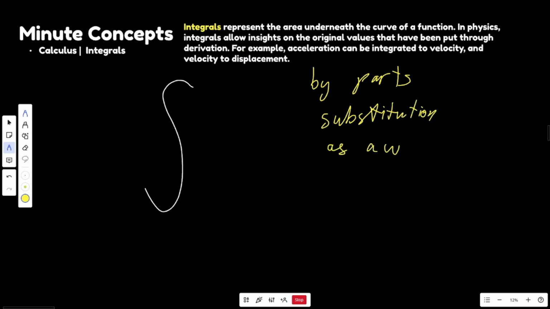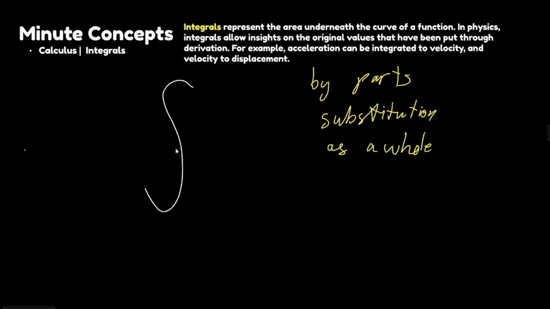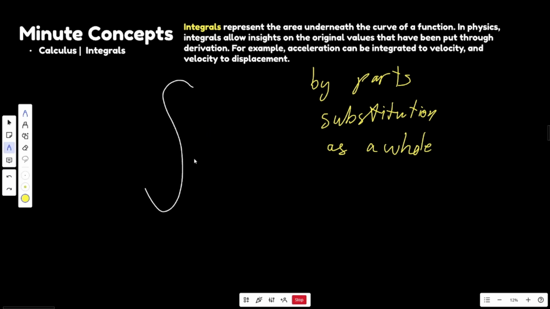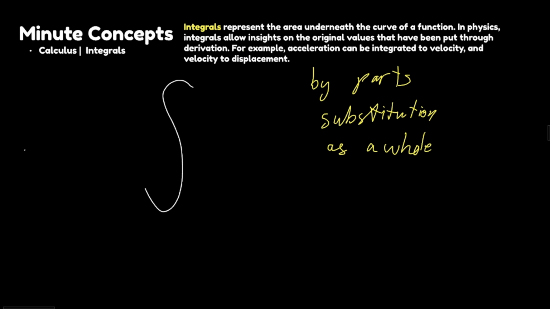And as a whole means applying, for example, the different integral counterparts. Like in derivatives, the derivative of sine is cosine, and in integrals there are also counterparts. For this intro to integrals, I'm just going to talk about the inverse power rule.